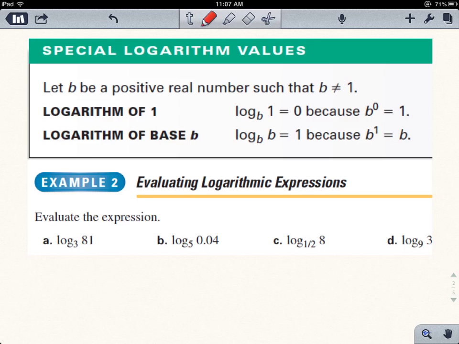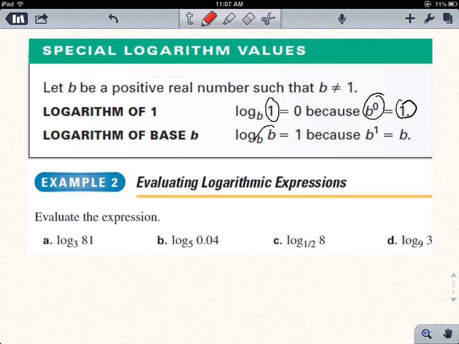Here we have a couple special logarithms that we saw in the last one. Anytime you have the logarithm of 1, log of 1 with any base, you always get 0, because anything to the 0 equals 1. So you could have log base 1,000 of 1, and you will get 0. Here we have log base b of b.